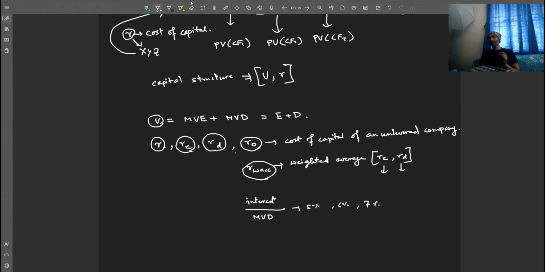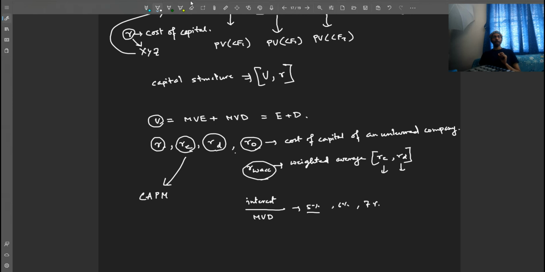We already know it at the time of purchasing, because we are purchasing at a certain price and the interest rate is declared beforehand. It can be fixed, it can be flexible, whatever. And cost of equity has multiple ways of measurement. One way is CAPM, the Capital Asset Pricing Model. What is that?